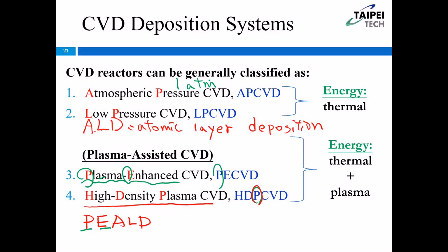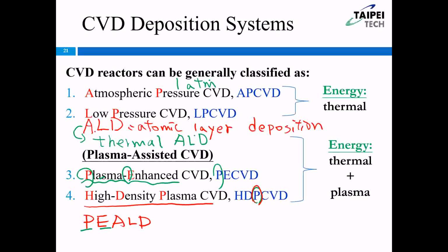So for PEALD, and also the other one, ALD. Some people will call this ALD thermal ALD, but in industry we don't need to say thermal ALD. Some labs will call it thermal ALD, but in industry we don't need to, because when you see ALD, of course, it's one kind of CVD, so we must use some energy from the temperature to break the bond of the precursor, right?